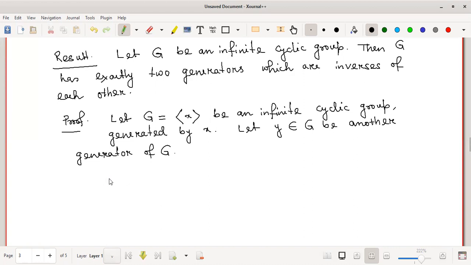So I can express y in terms of x and x in terms of y. Therefore, there exist integers L and K such that I can say y equal to x to the power L and x equal to y to the power K. Correct?